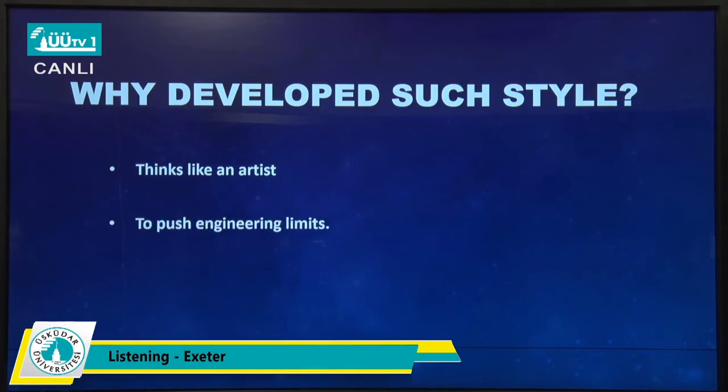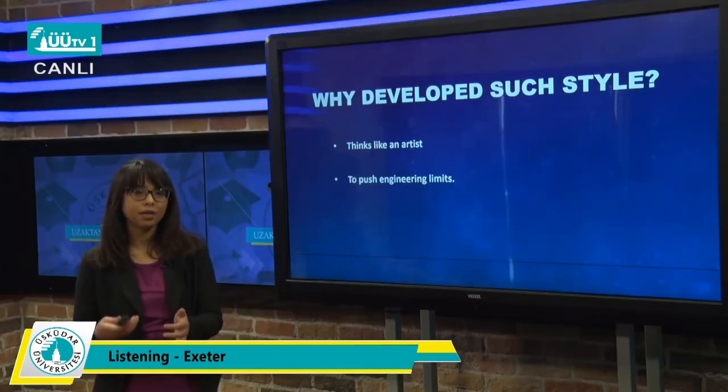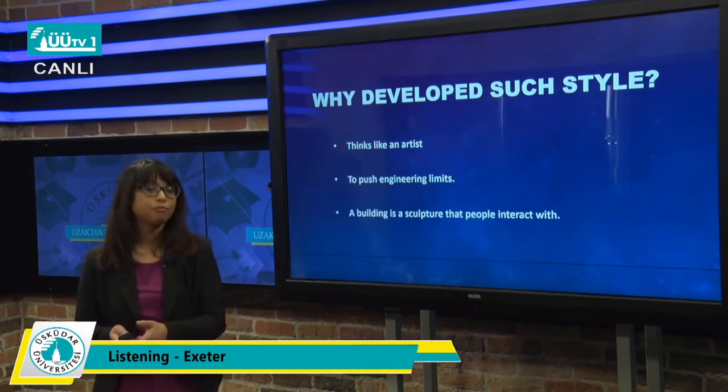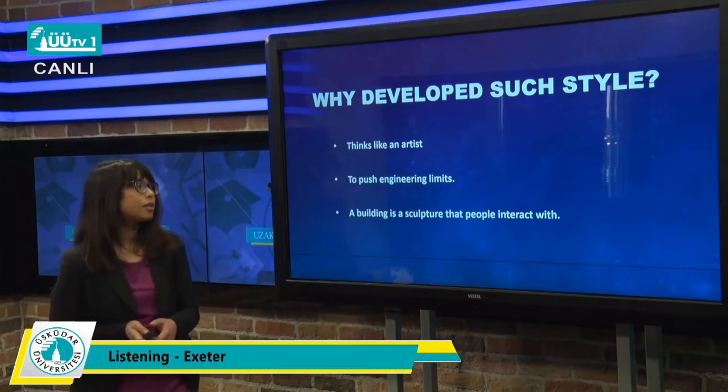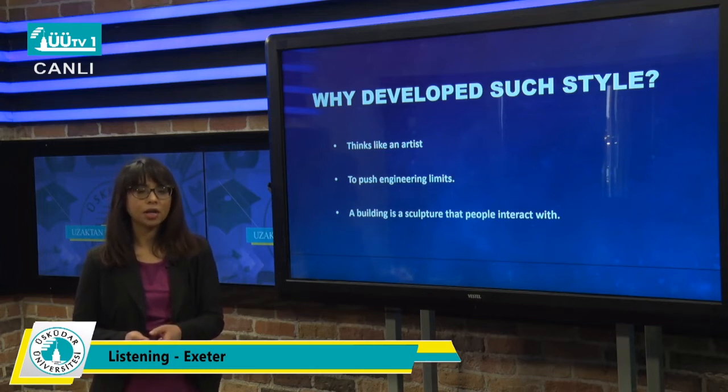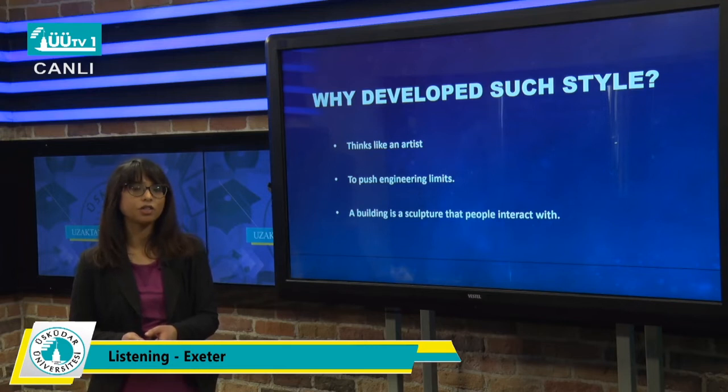He also pushes the limits of what is structurally possible, meaning that, as I said earlier, most of his designs have irregular angles. And he said that a building is a sculpture that people interact with, meaning that if people didn't appreciate a building, he thinks that he would fail his objective.